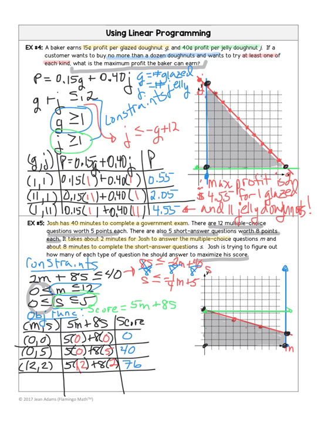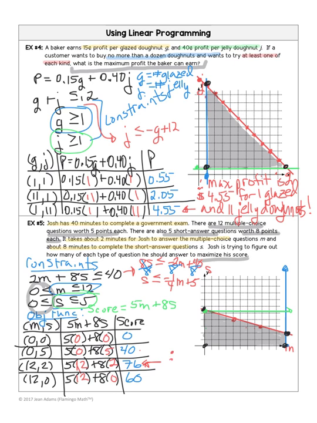Our last ordered pair is 12, 0. So you answer all multiple choice and no short answer. Let's see how that's going to do for you. So 12, 0. And 12 times 5 is 60. Clearly that's not the best. So this right here is your maximum.